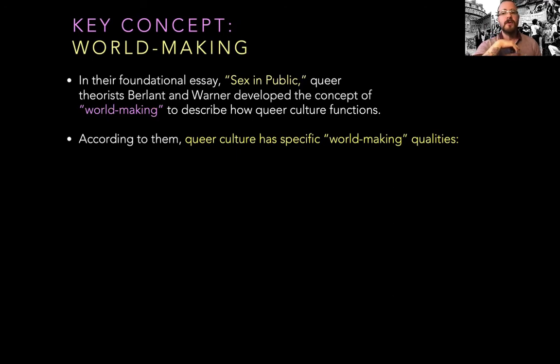It's as diverse as the queer community. And yet they say that there are distinct qualities that make queer culture queer and not something else. And they describe these qualities as what they call world making. And so we are going to be looking at a number of examples of queer culture and world making queer praxis or practice in this class.